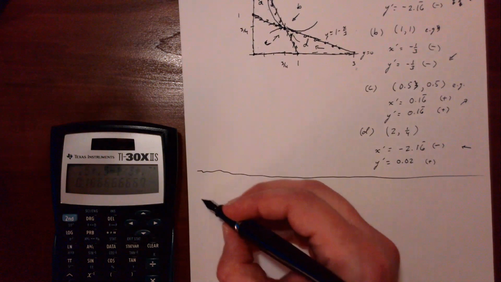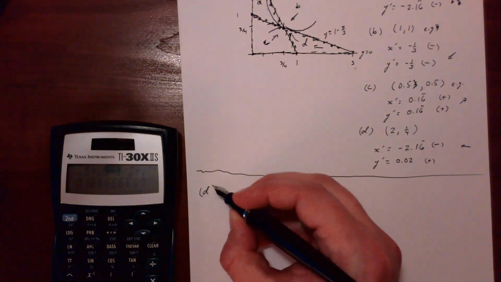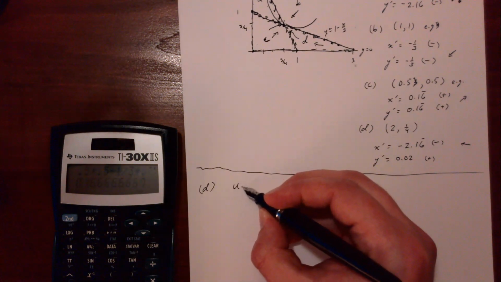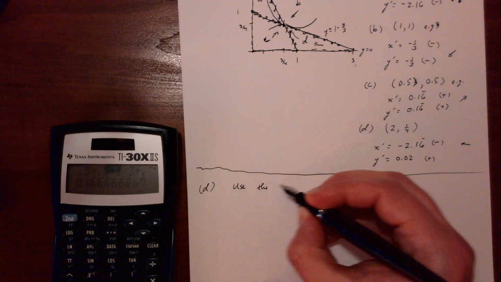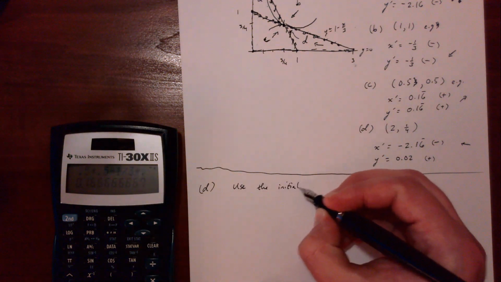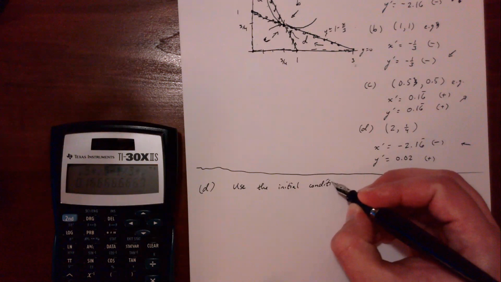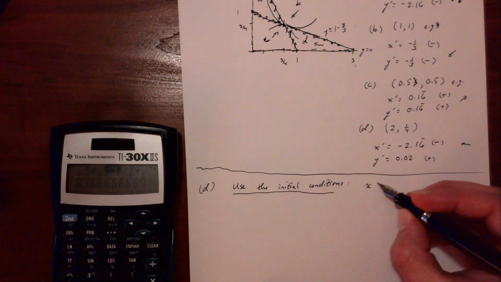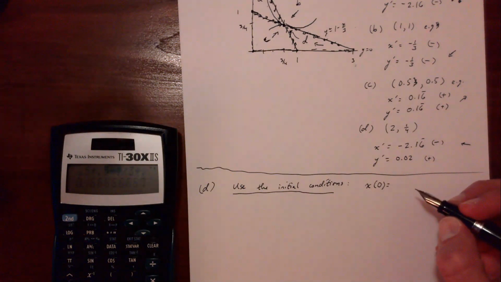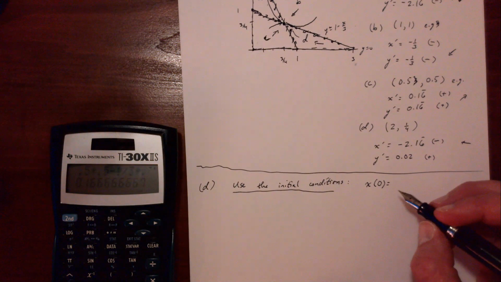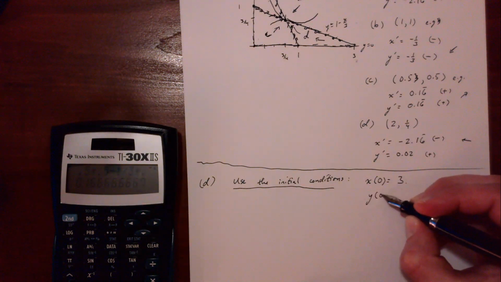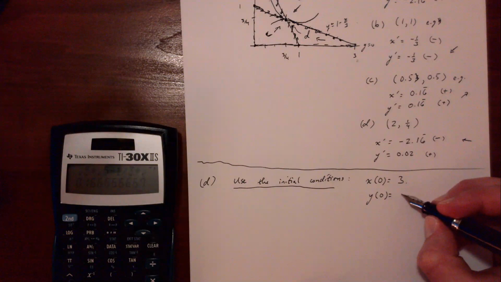Let's just say for D we wanted to use the initial conditions x of 0 equals 3, y of 0 equals 1.